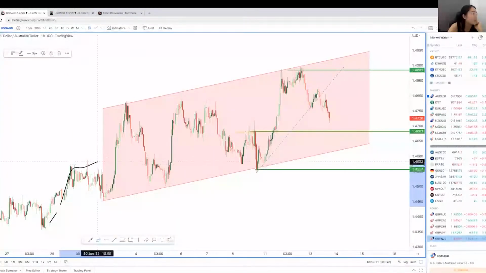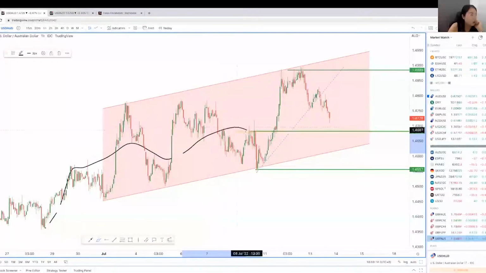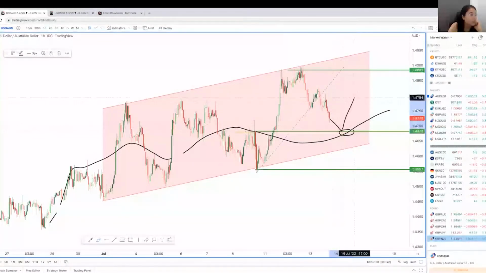Guys, we don't have time to find the exact settings for these charts. You just have to toggle with it. When I pulled the moving average indicator, there was a moving average here. So I expect price to move down here and bounce here.